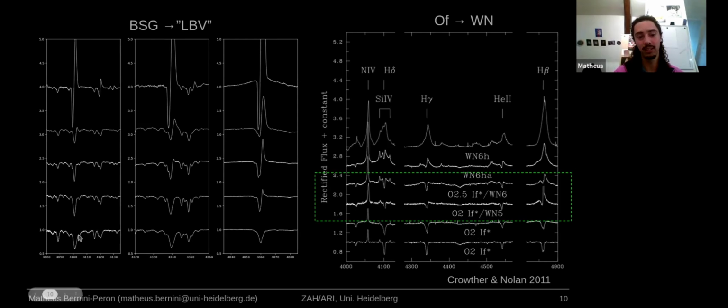We have here the normal B supergiant and the regime of the LBV stars. So both share these sort of in-between characteristics. However, the slash stars are much hotter, like 50, 60,000 Kelvin, while the B-hypergiants tend to be much cooler, they are B stars after all.